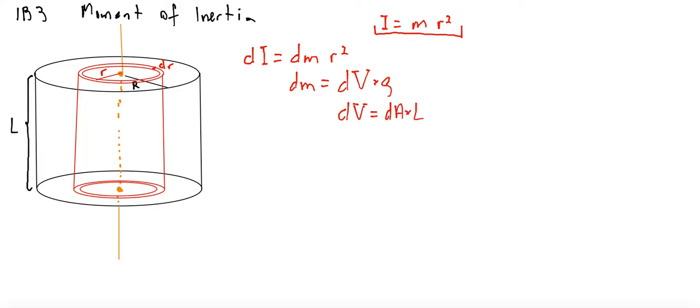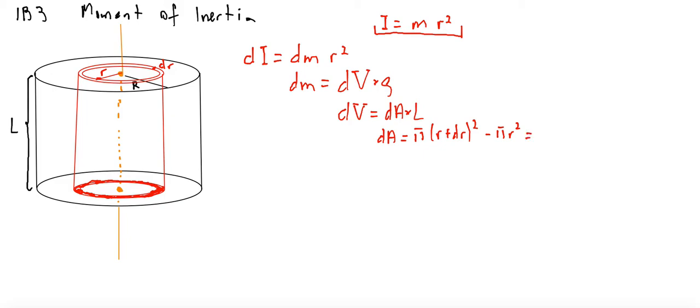But this surface area, dA, is the area of this flat ring. So what is it? This is the area of this huge circle, pi r squared, but the radius of this huge one is r plus dr. You see, r is to this point and dr is the thickness, minus the inner one, which is pi r squared.